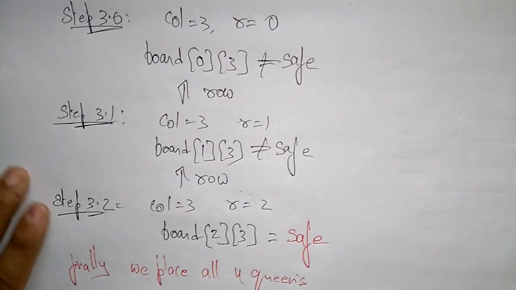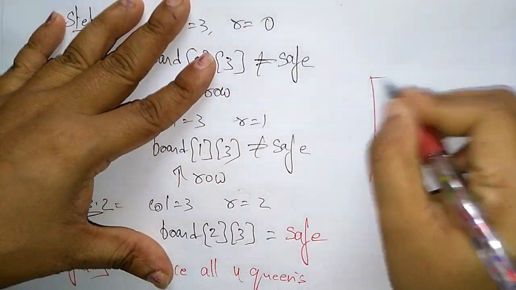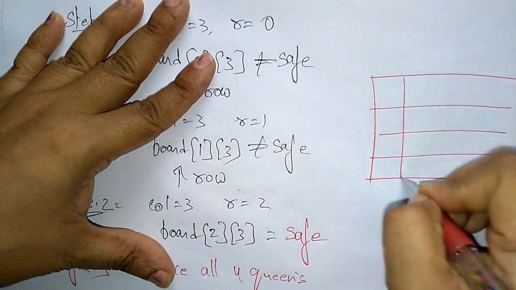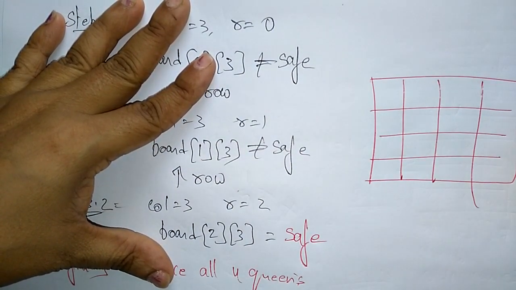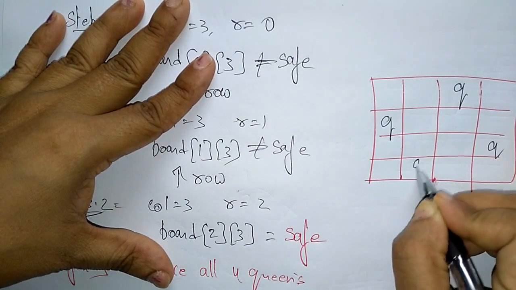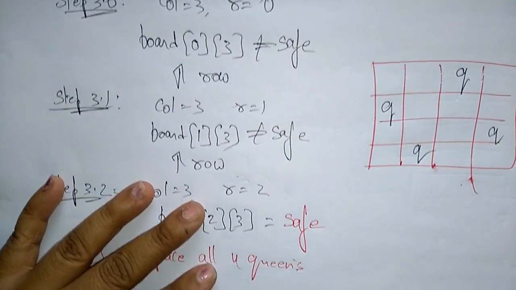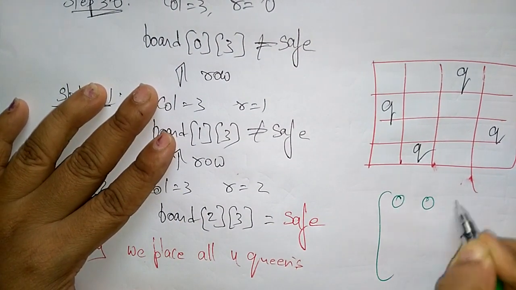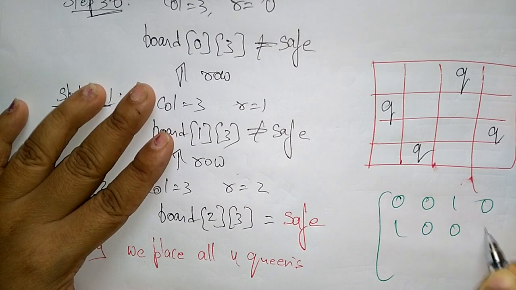We will get the final table as: the Q is here, Q, Q, and the Q. This can be represented in matrix form like 0, 0, 1, 0, 1, 0, 0.